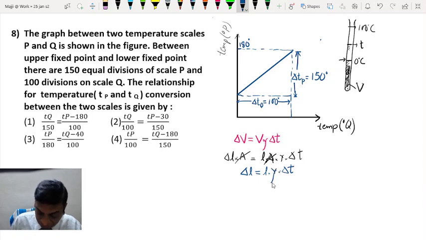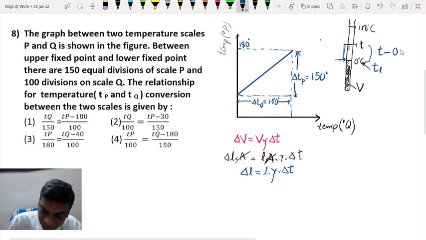Now here, suppose it goes from 0 to T degree Celsius. So the temperature difference is how much? T minus 0. Or I take this as lower fixed point, TL. So this will be T minus TL. Whereas this is a higher fixed point, so I'll take it as TH.